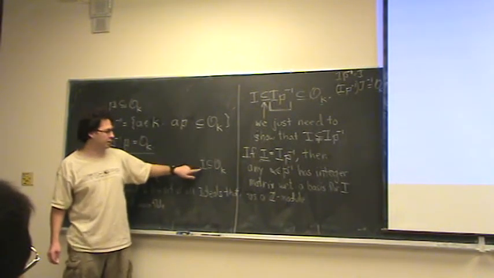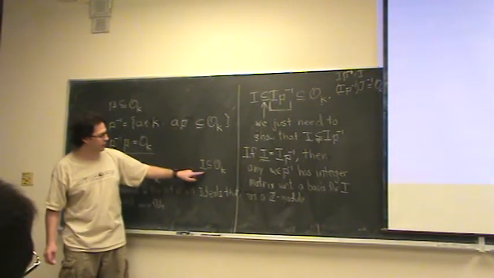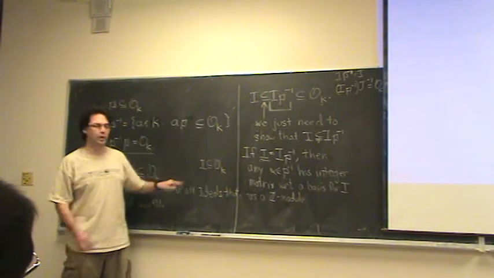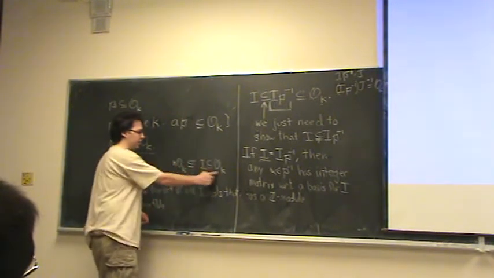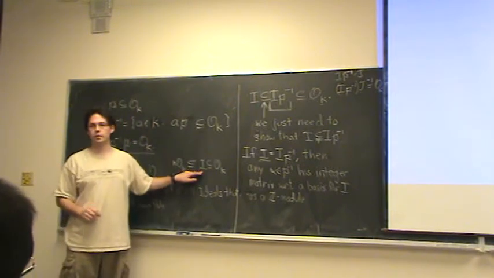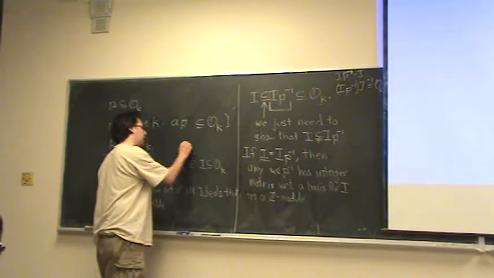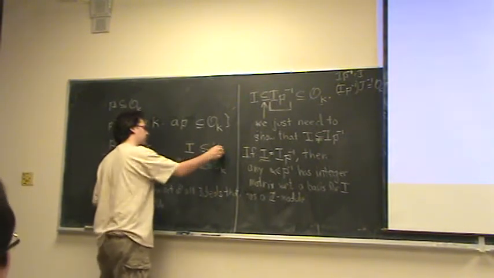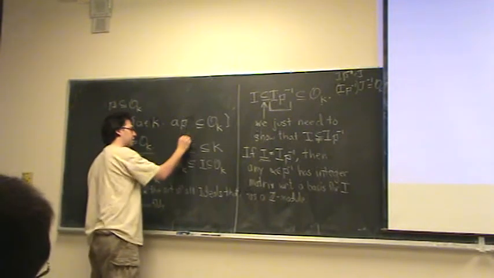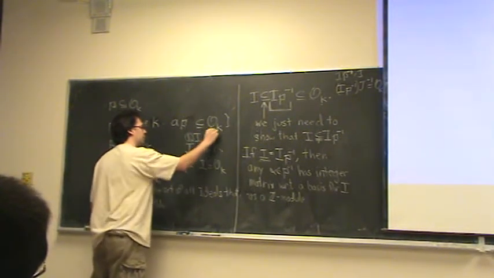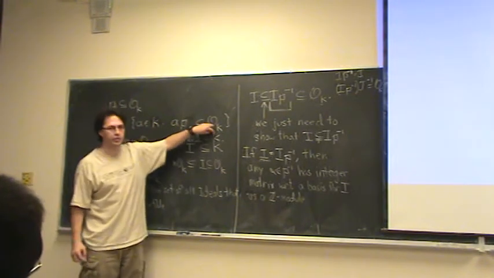All you do is you take some non-zero element of I, you write down its minimal polynomial, you look at the constant term, that shows you that there's an integer in I, and then NOK has finite index in OK, therefore I does. So this I has finite index in OK, so if you think of it as a subgroup of the number field under addition, if you take the Q span of it, it's just equal to K. So you just choose some basis for I as a Z module, that's also a basis for K.